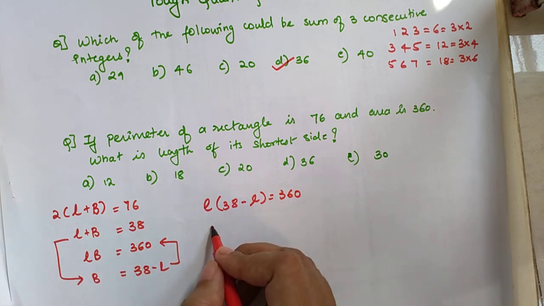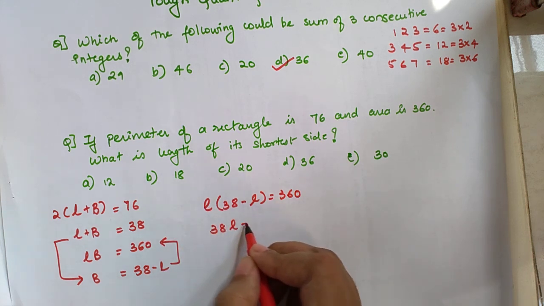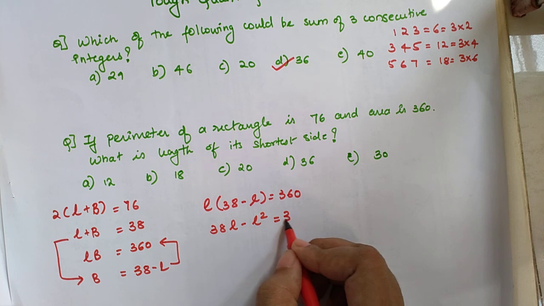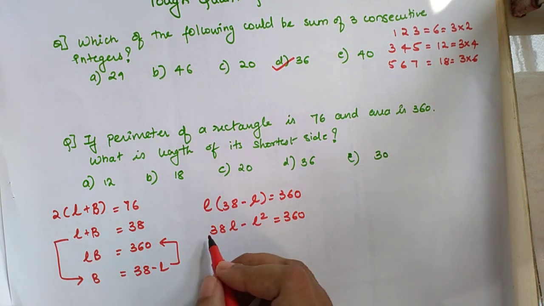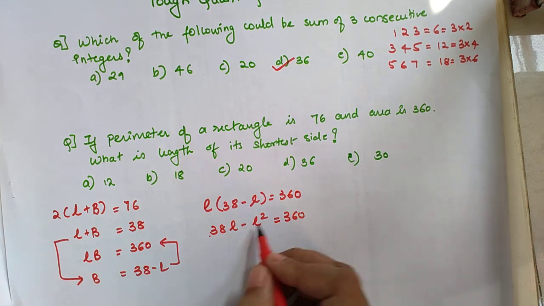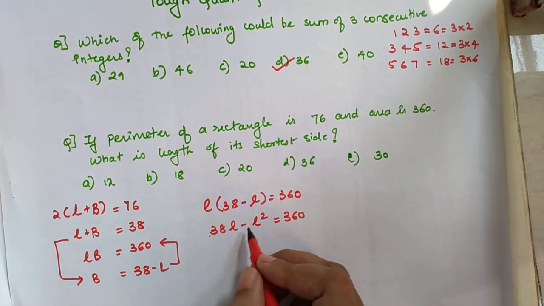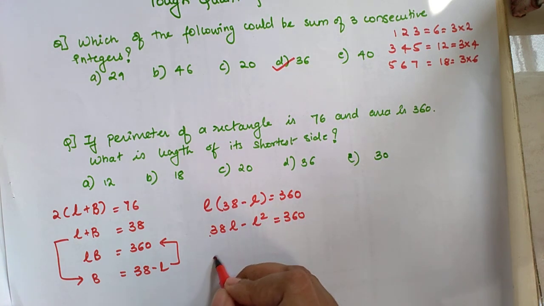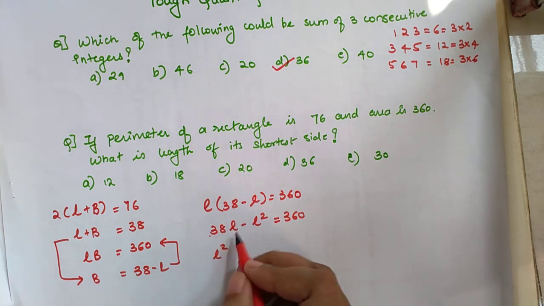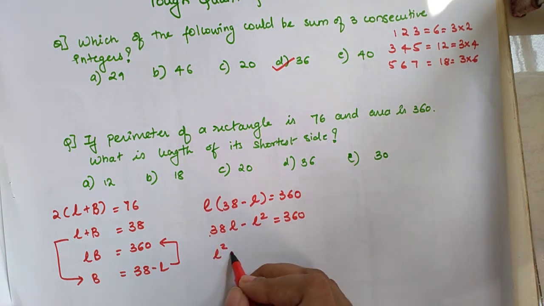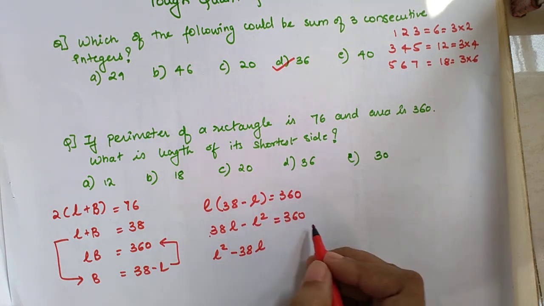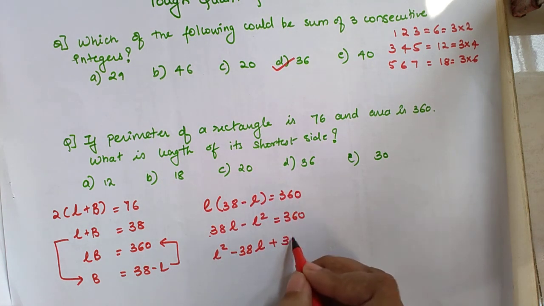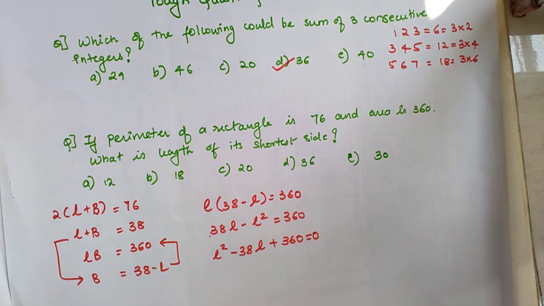Opening the brackets, I have 38L minus L square equals 360. I'm shifting everything on to the other side of the equation. So minus L square becomes positive L square, plus 38L becomes negative 38L, and since 360 was already on that side, I'm just leaving it as it is, equals 0.